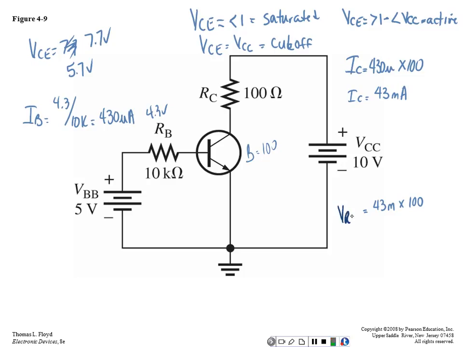VRC, 43 milli times 100, so VRC would be equal to 4.3 volts. Then voltage collector to emitter would be equal to 10 volts minus 4.3 volts using Kirchhoff's law. What does that give me? 5.7 volts.